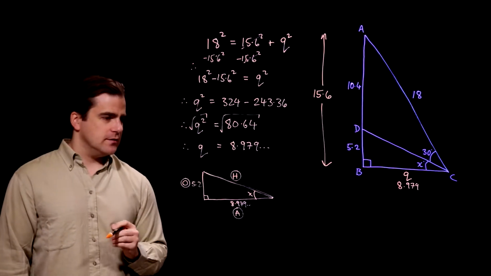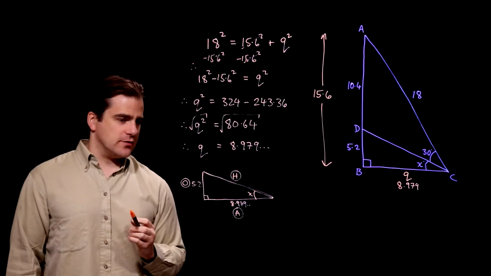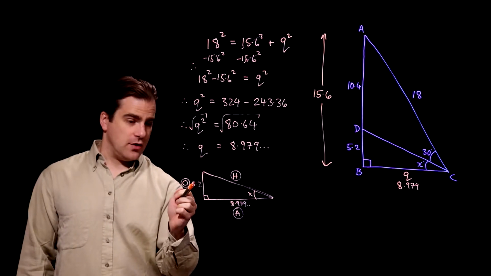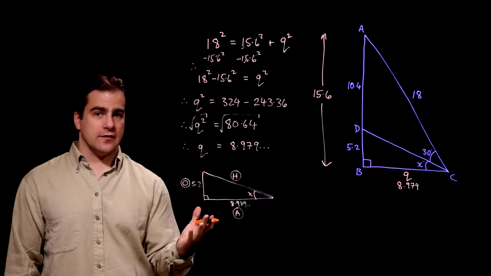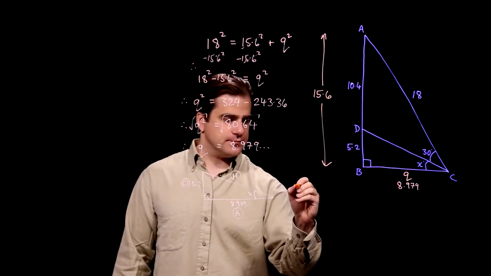Okay, so we don't have the hypotenuse, we know the opposite and the adjacent. So the one that connects the opposite and the adjacent is tan.